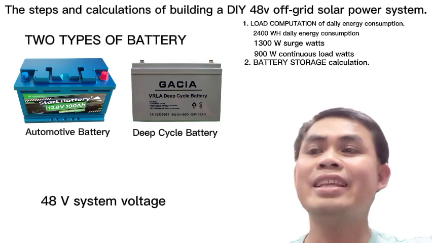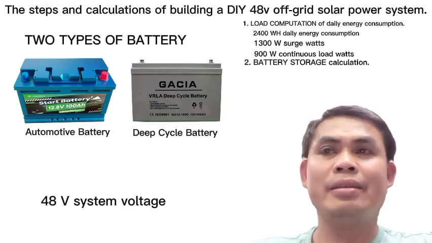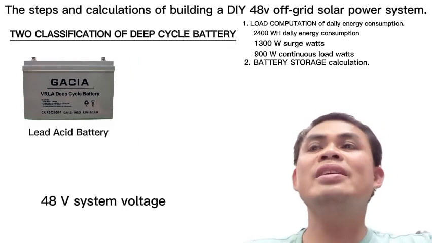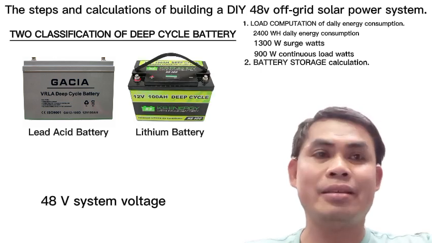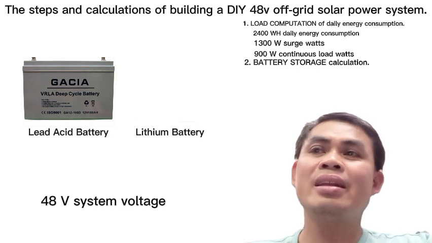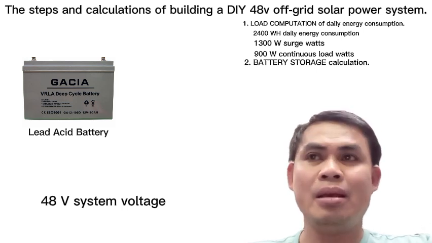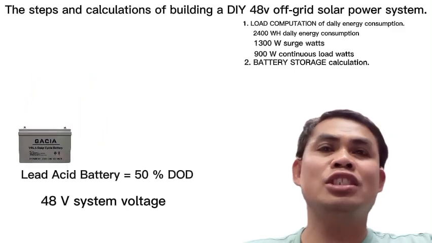But we prefer a deep cycle type of battery. On the deep cycle battery, we also have two classifications: lead acid and lithium battery. But we prefer a lead acid battery because it is cheaper, but the DOD is only 50% depth of discharge.